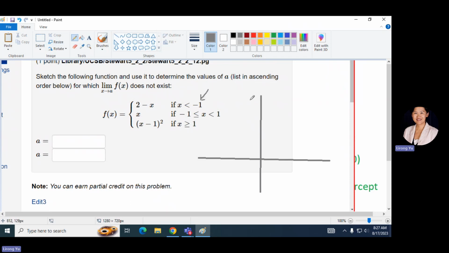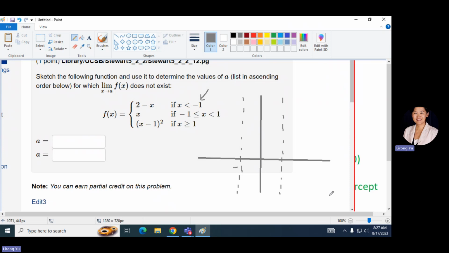The first piece is for x less than -1, so you find -1 on the x-axis. Then the other boundary is 1, so you find 1. So there are basically three pieces.